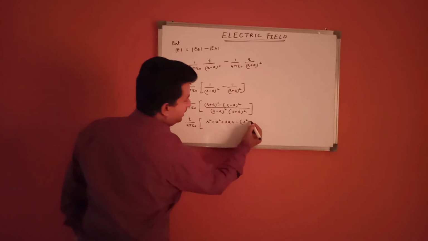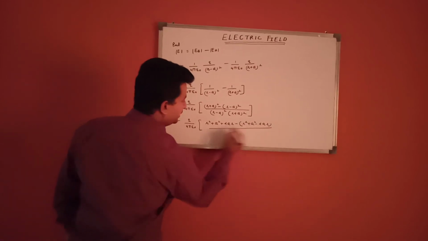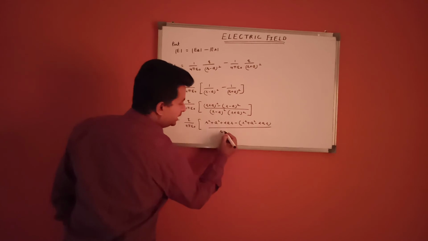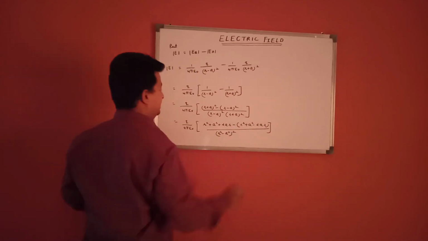This is the identity (a plus b) whole squared equals a square plus b square plus 2ab. This is also an identity: (a minus b)(a plus b) is r square minus a square whole squared.